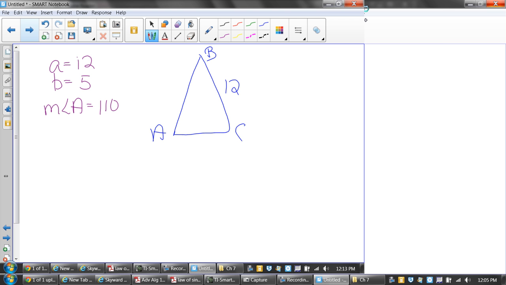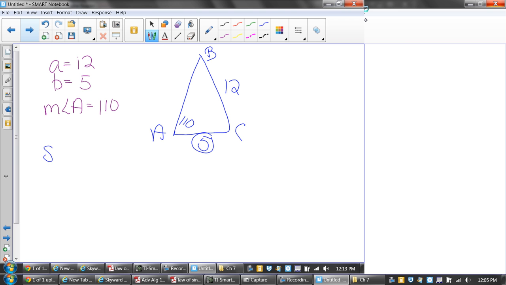Little b is across from this one, so that's 5. And we're given an angle A, right? Okay, we're given an angle and the opposite side, so we're going to use law of sines. What do you want to solve for first? Measure of B, right, because we have side B, we just need to find angle B.